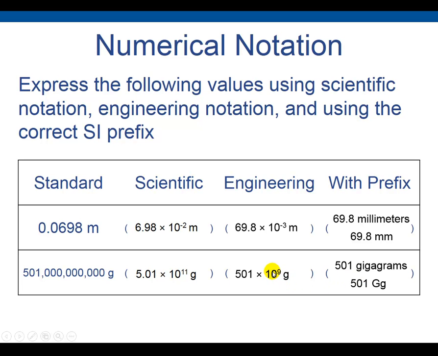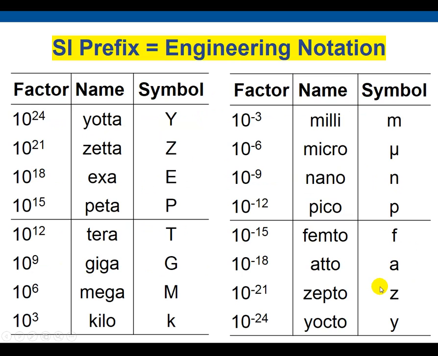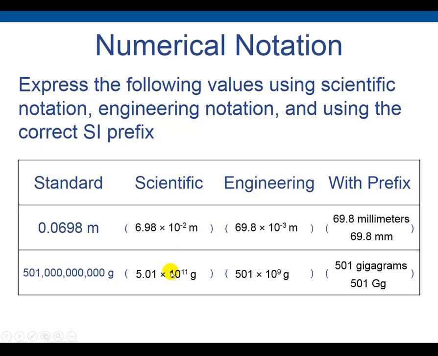We can also convert this using the SI prefix. So it's 501 gigagrams. Shortly we call it Gg. But this G is uppercase because, as you can see on the previous page, the giga symbol is uppercase G, not lowercase g. That's why we use 501 uppercase G and lowercase g.